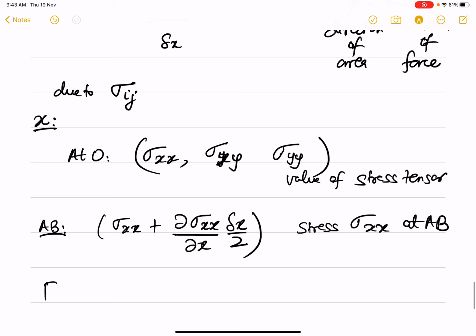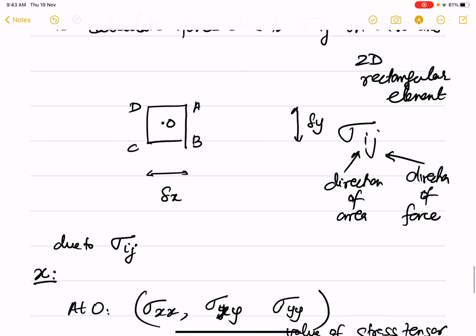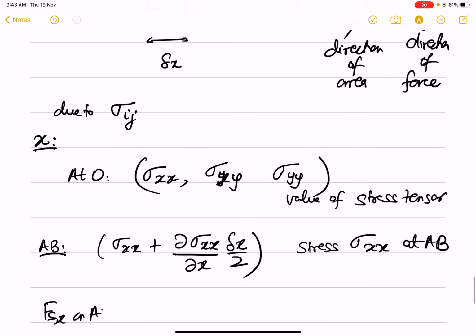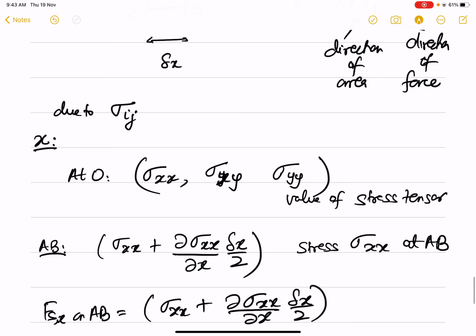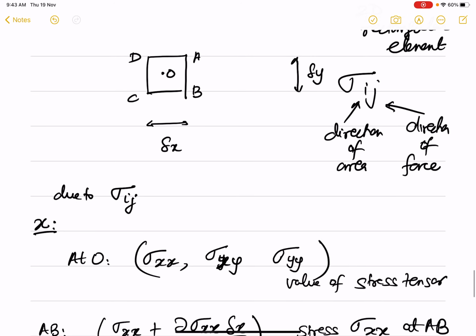So the surface force on AB will be equal to sigma xx multiplied by the area. So this is the surface force in the x direction on AB.